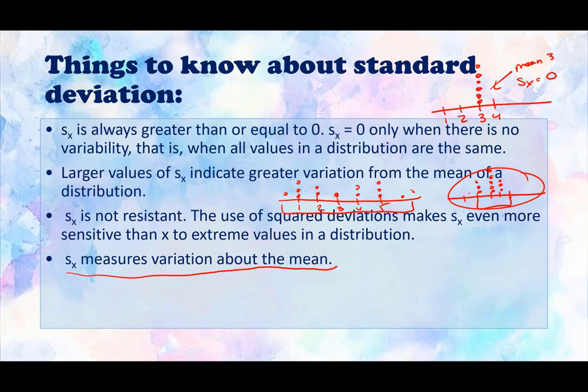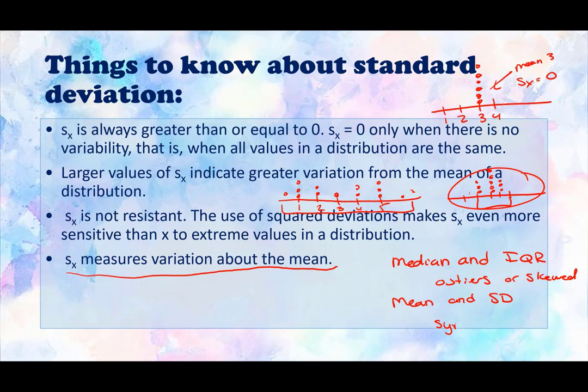There's a couple things you need to know. We use the median and IQR in distributions with outliers or if they're skewed. We use the mean and standard deviation in mostly symmetric distributions.